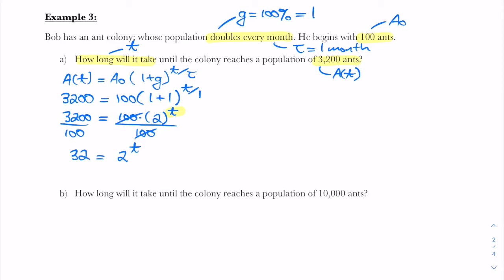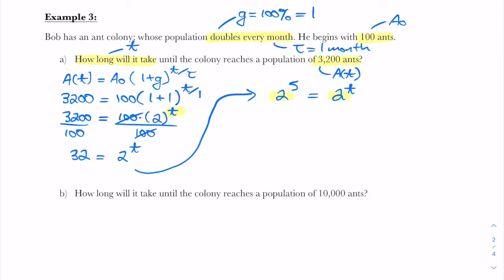So please listen up. This is the question we're trying to answer: 2 to what exponent is 32? One trick that you can do is to write 32 as a power of 2. In this case, 32 is equivalent to 2 to the exponent 5. Now look at your equation. You have the same base of 2 on both sides.